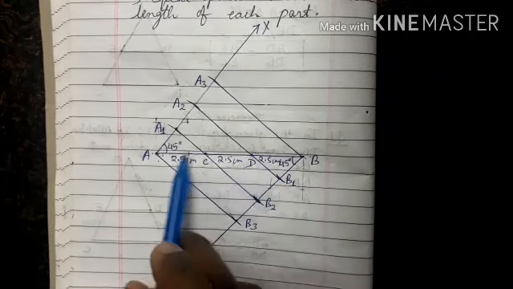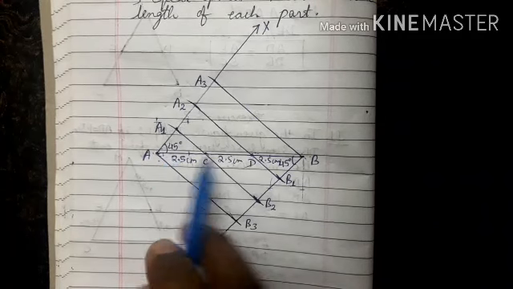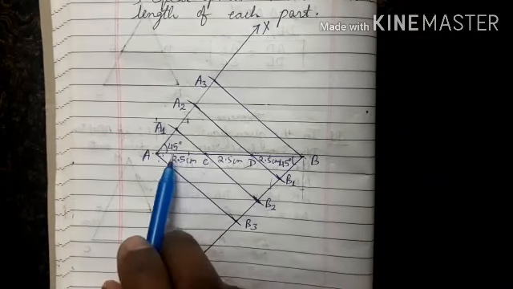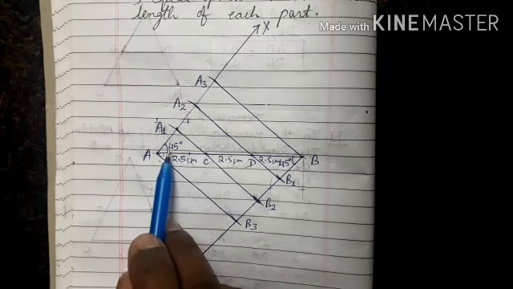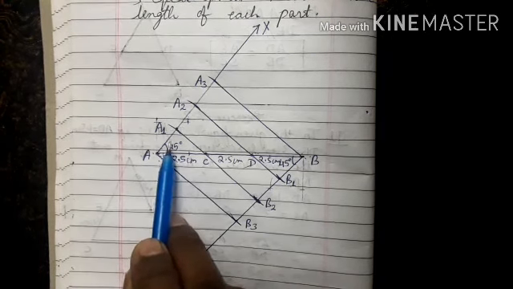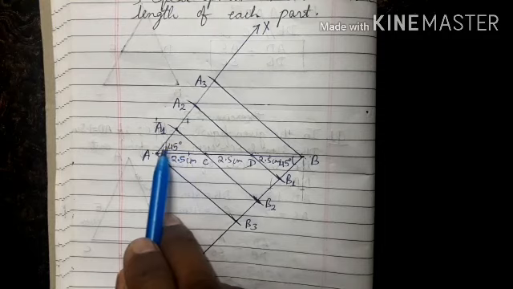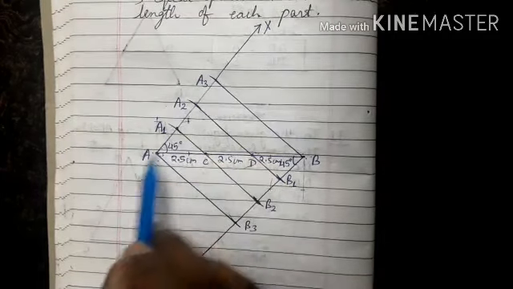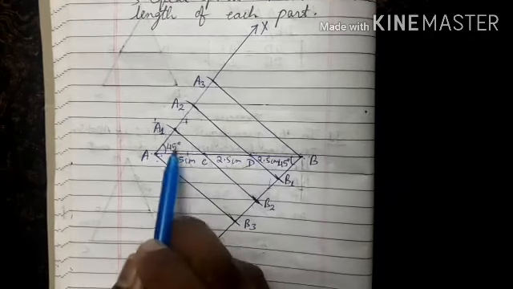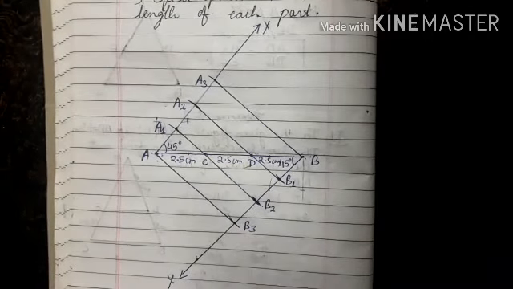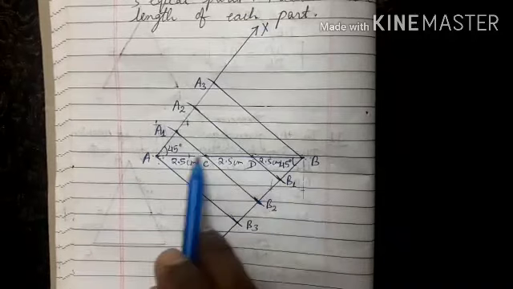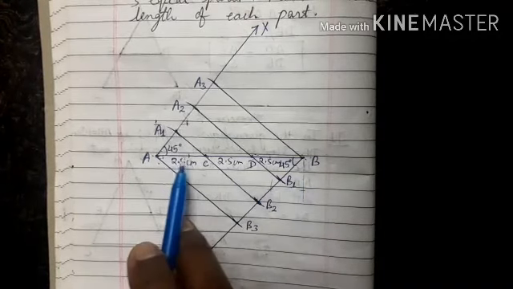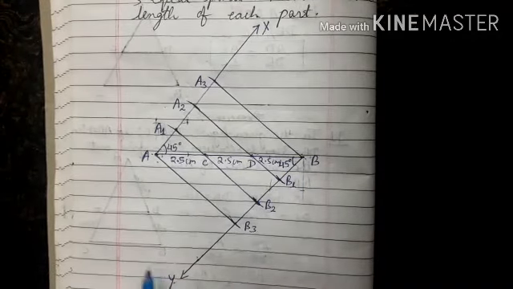Always take 40 or 50 degrees, which is easier to make this type of diagram. If you have any problem with 45 degrees, you can take 40 or 50 degrees and draw these angles by using a protractor.